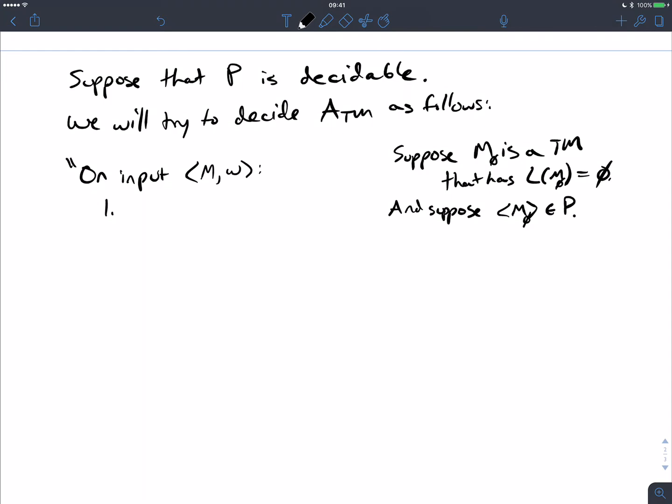So P bar must also be undecidable. So whether this machine has property P or not, it doesn't matter. As long as it's one of them, then I can decide the other, or I can show how to prove the other undecidable just by flipping P and P bar. That's it. So I'm just making a supposition without loss of generality here.